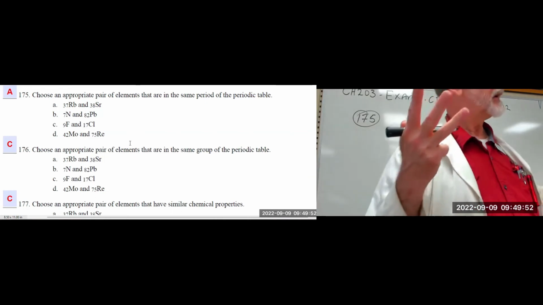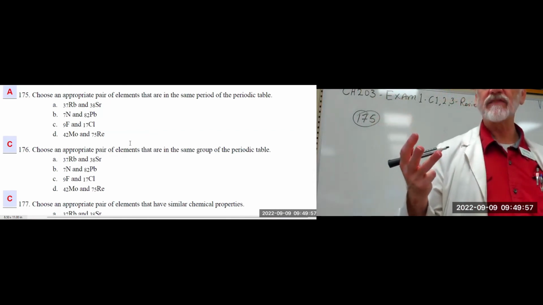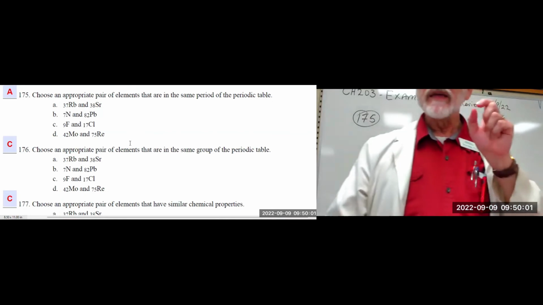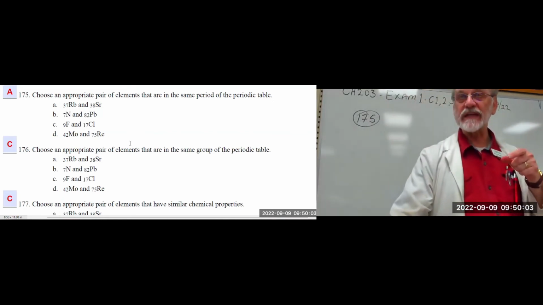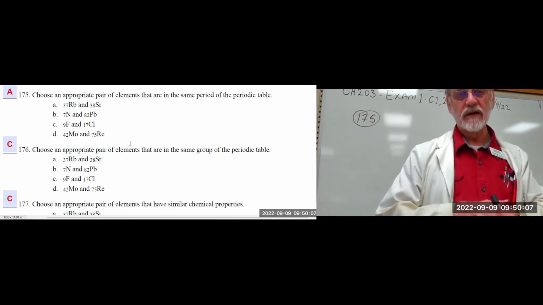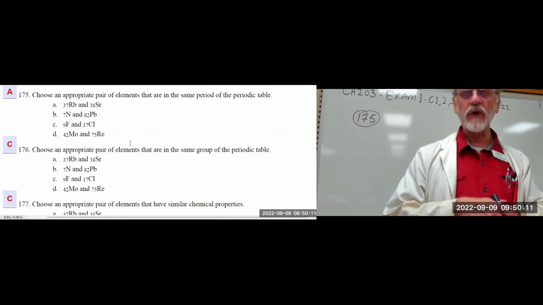Okay, that's 8. And D's are 10, right? So that's 18. You can have 18 across on a period. If these numbers are farther apart than 18, then they're probably not in the same period. And rhenium and molybdenum are how far apart? 23?